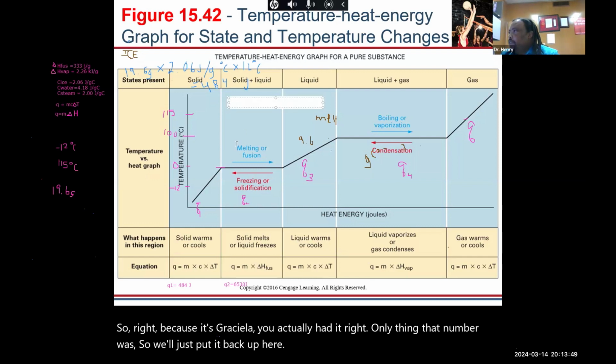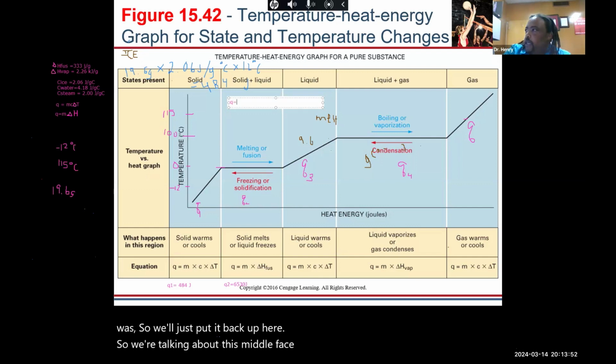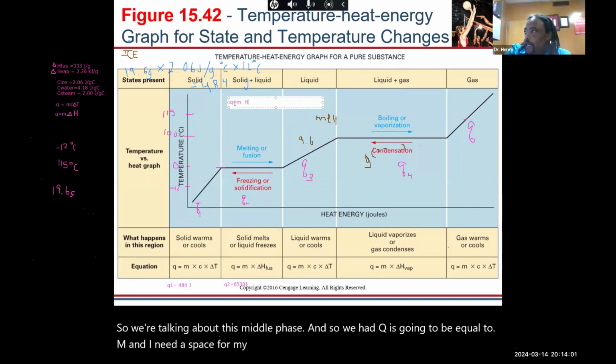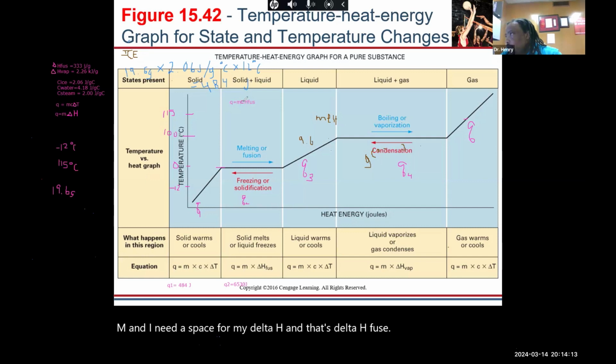So we're talking about this middle phase. So we had Q equal to M times delta H fusion.